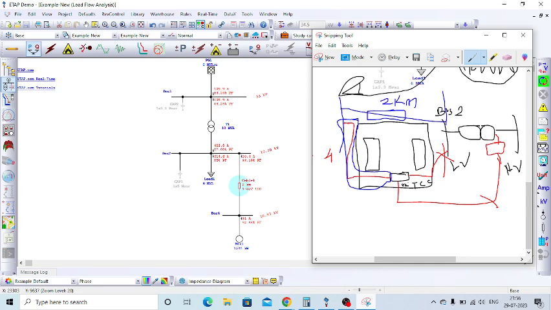We have to overcome those challenges, especially the voltage drop. Whenever we lay the control cable from bus number 4 to this RTCC panel, it will be 2 kilometers, so there will be some voltage drop. Since it is an AC cable, there will be some voltage drop, and we have to overcome that voltage drop. That is a challenge.